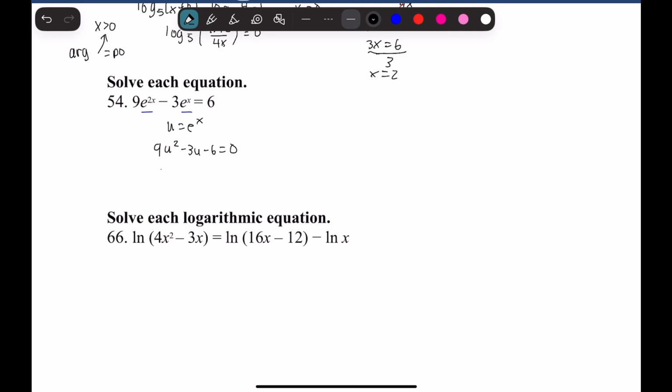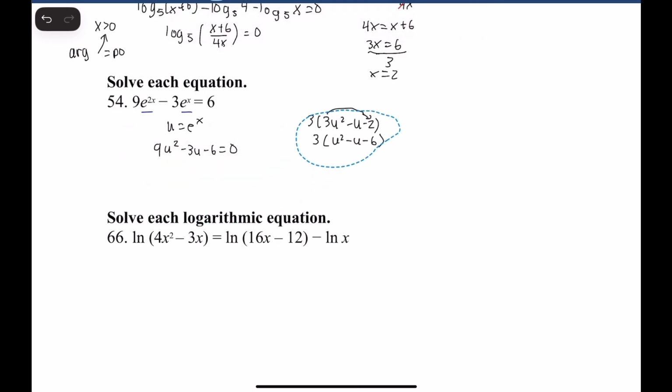And now we're going to have 3 times 3u squared minus u minus 2, because we can factor out the 3. So now we can shift this 3, so it's going to be u squared minus u minus 6 times 3. Just move this over here.